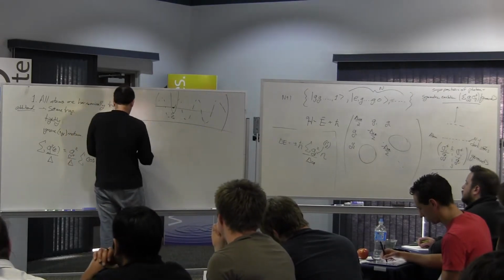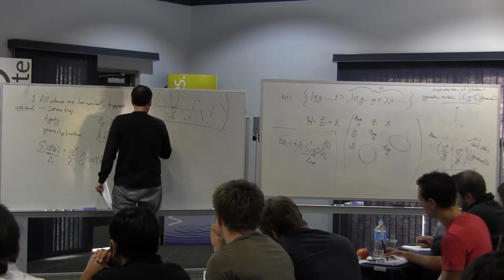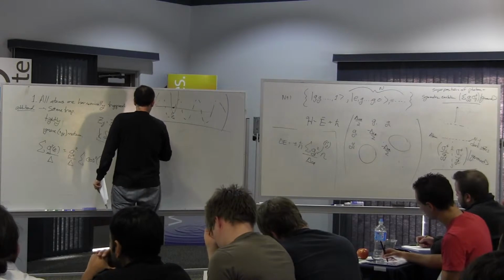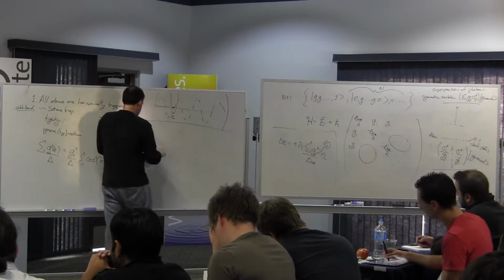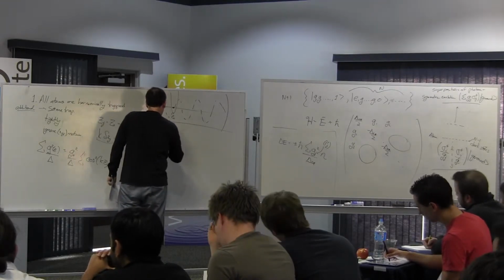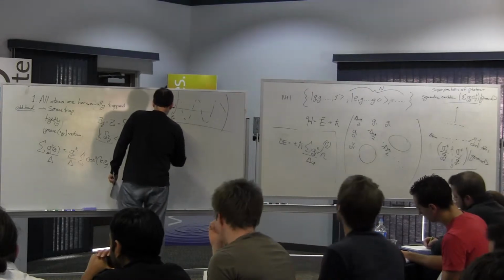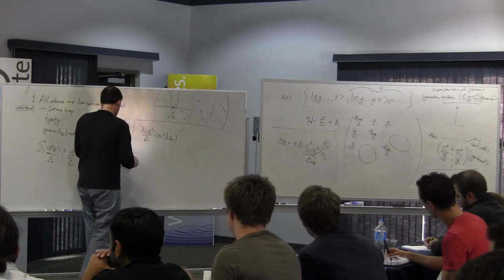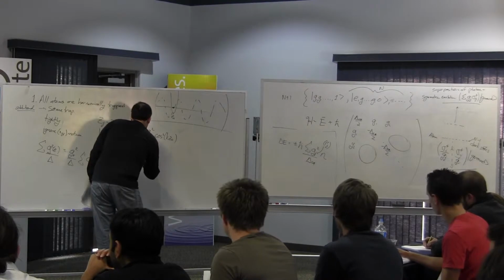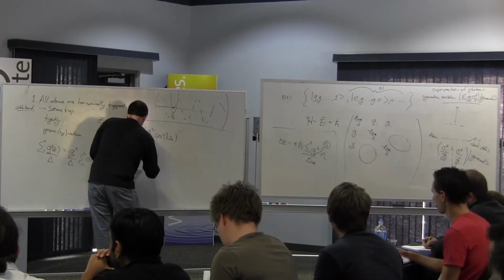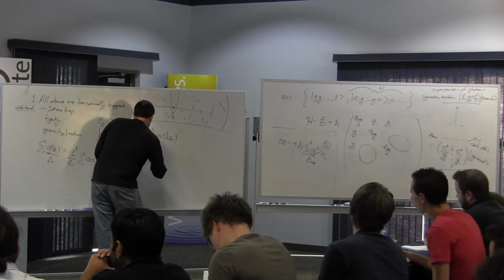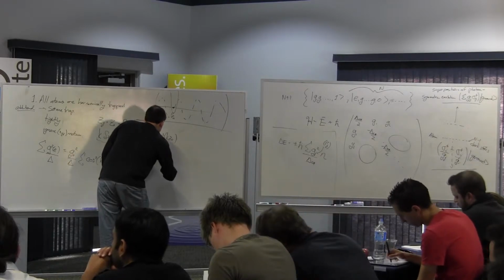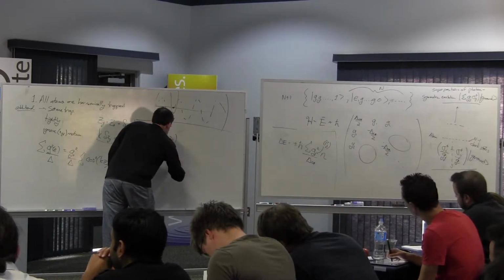So to zeroth order, I just get N, the number of atoms, times g naught squared over delta times cosine squared of kz_0. And then to first order, I get g naught squared over delta times sine 2kz.